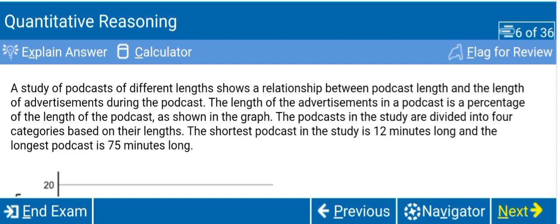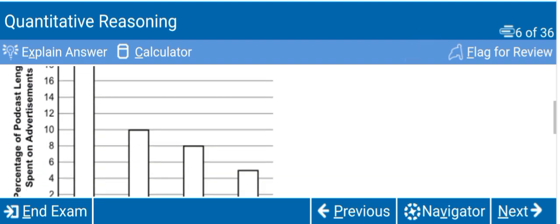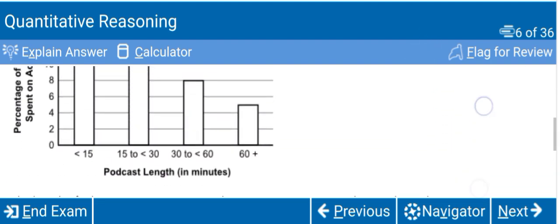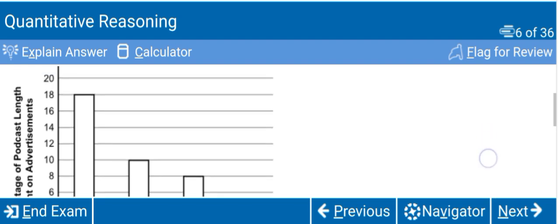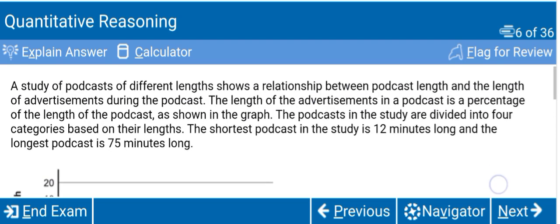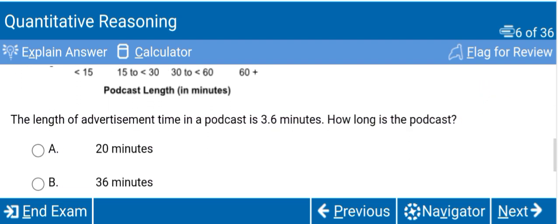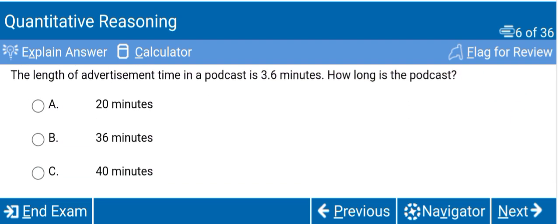Next we have the same passage and the same chart, but the question is different: the length of advertisement time in a podcast is 3.6 minutes.